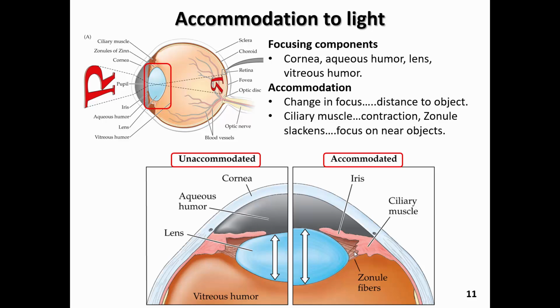Shorter fibers means the distance between the ciliary muscle and the lens has decreased, making these relatively slack. Because they're not pulling on the lens, that allows the lens to expand, and that will change the refraction of light as it moves through the lens, moving the near objects into a better or clear focus.